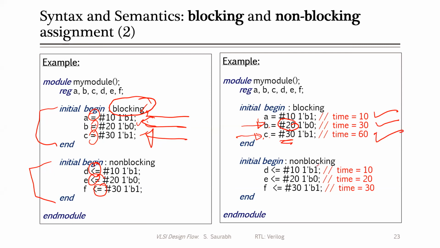Now, what about non-blocking? In non-blocking, the RHS is evaluated at 10 and kept. Here you have all these as non-blocking, right? So when it goes to the first statement, D assigned 1'b1, it is not waiting for this execution to complete.